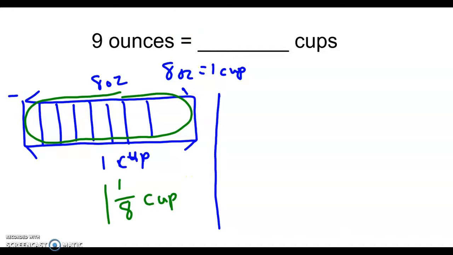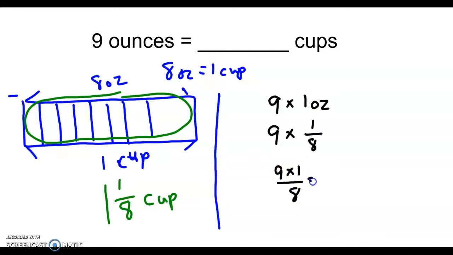If I did it in number form, I'd decompose this to go 9 times 1 ounce. And I would convert at that point and say, well, 1 ounce is really 1 out of the 8 pieces that I need. Rewriting this was 9 times 1 divided by 8, and we are left with 9/8.